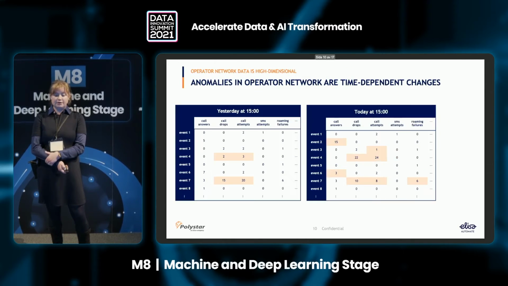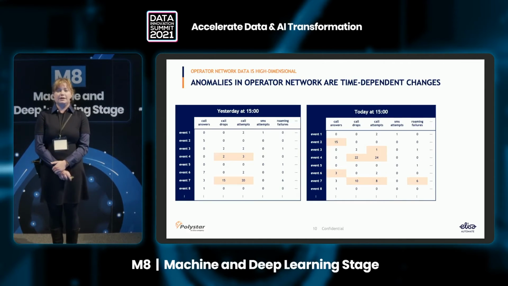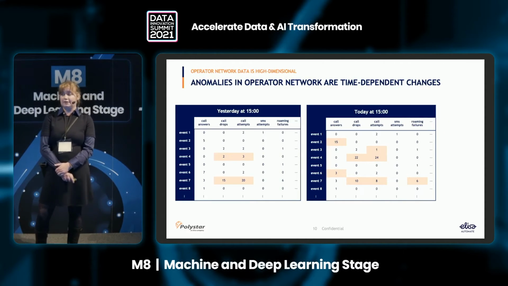Let's take a closer look at what the data actually looks like when a data scientist gets it. Here is an example of operator network data from 2 different time points. We have denoted these observations by the terms event 1 and event 2, but in general we have quite extensive labeling on these observations.